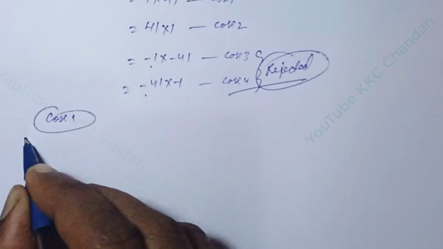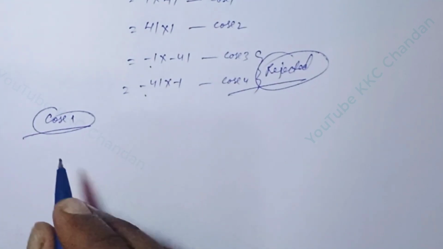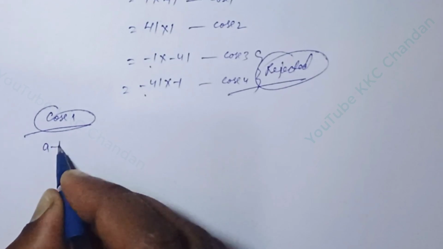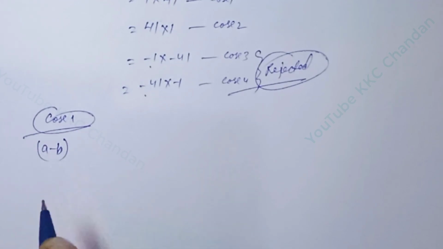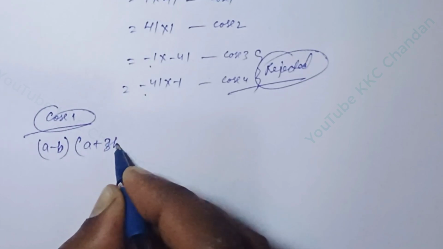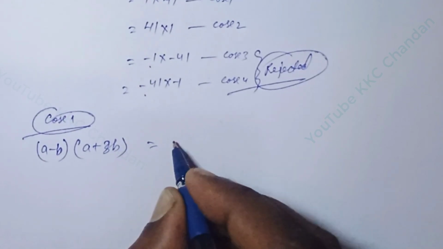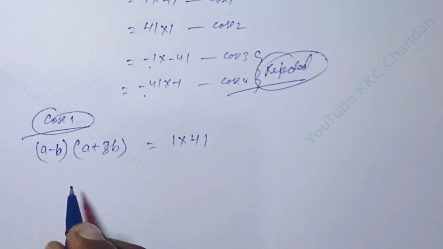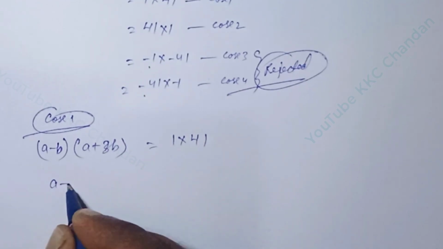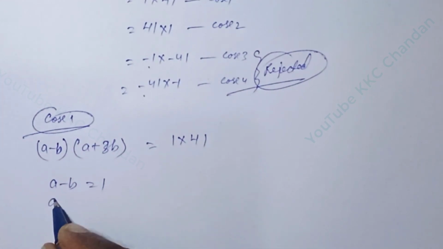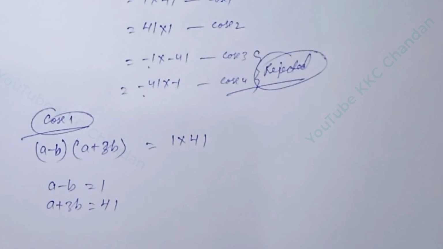Case number 1. According to the question, case number 1 is telling that a minus b into a plus 3b is equal to 1 into 41. So see here, a minus b is equal to 1, a plus 3b is equal to 41.